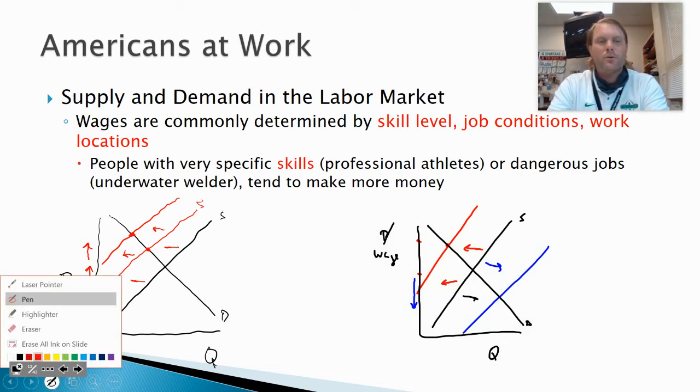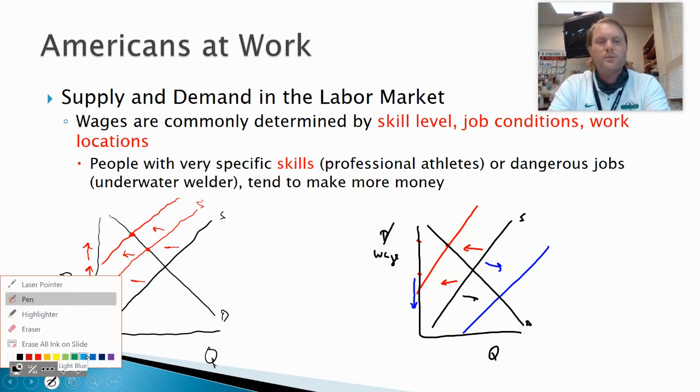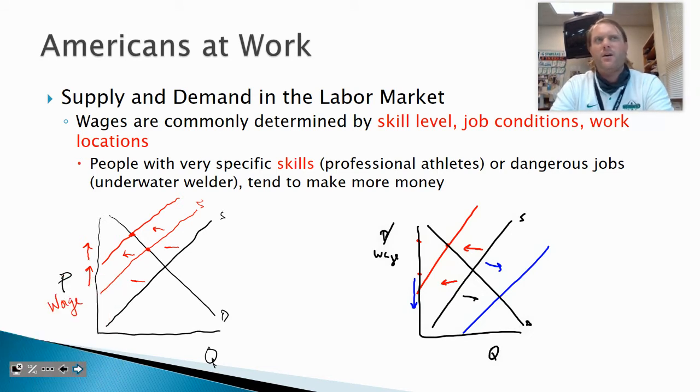So let's say people stop going to college, just for the sake of argument here. Let's say people stop going to college because they are sick of it, or they're lazy, or whatever reason there might be. So let's say we have a change in tastes and preferences, right? So we shift our demand over to the left too.